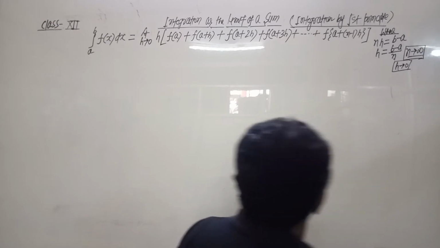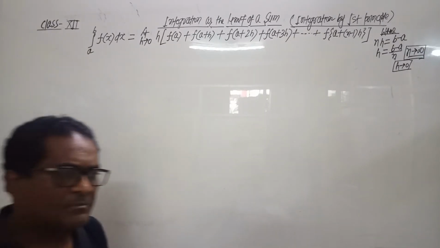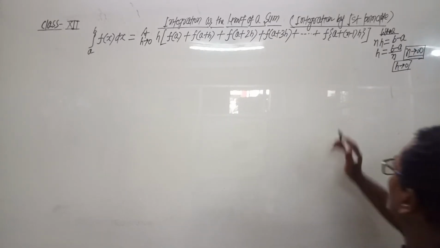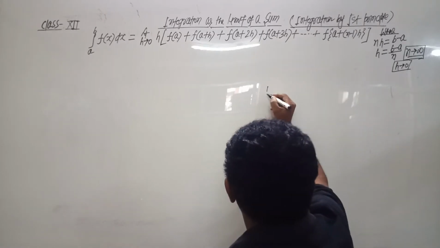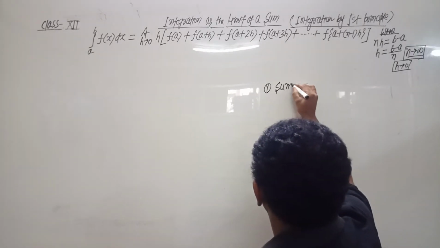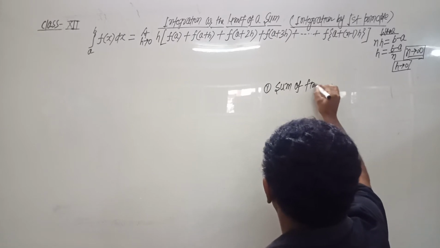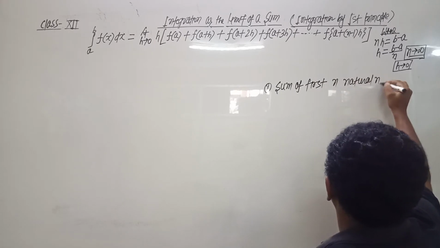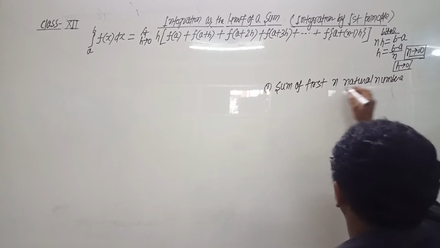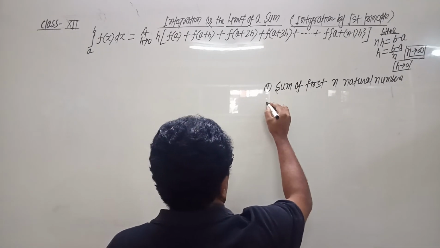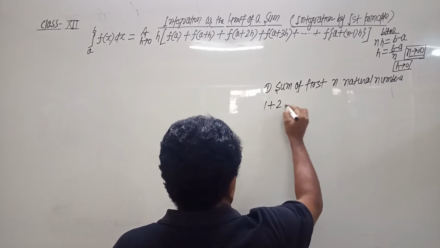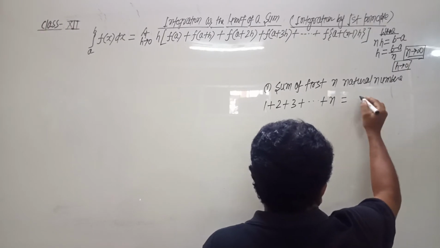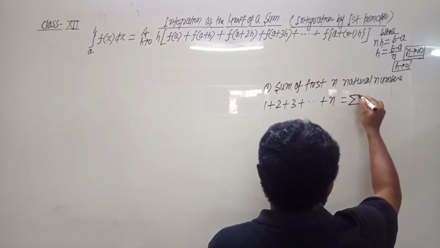Also the formula used in this exercise is the sum of the first n natural numbers, which we have studied in class 11. 1 plus 2 plus 3 plus ... n, which is also written as sigma n.